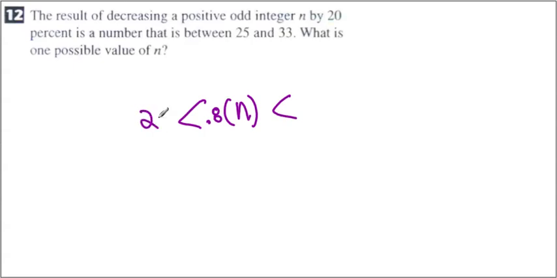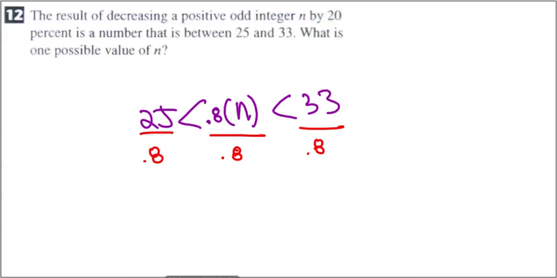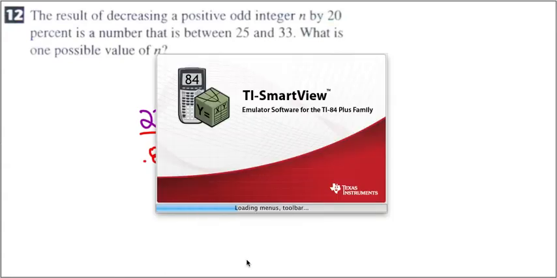That means we're going to put down 25 and 33 on both ends. What is one possible value of n? So all we have to do is just get rid of this 0.8. How do you do that? All you have to do is simply divide by 0.8. Now, I'm going to just take out my calculator and show you.